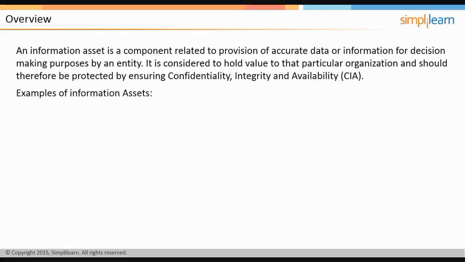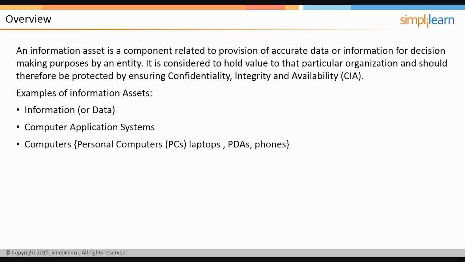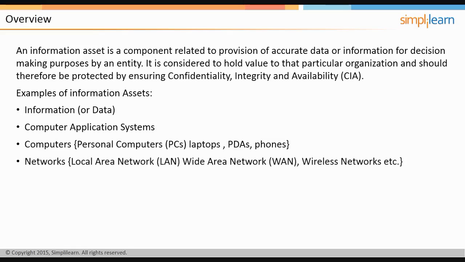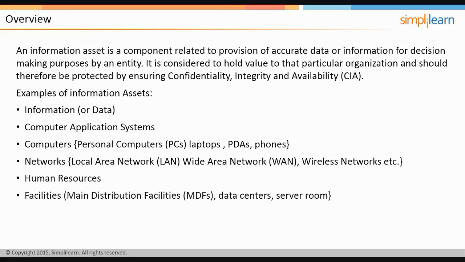Examples of information assets are information or data, computer application systems, computers, personal computers, PCs, laptops, PDAs, phones, networks, local area network, LAN, wide area network, WAN, wireless networks, human resources, facilities, main distribution facilities, MDFs, data centers, server room, and other technologies such as database technologies, among others.